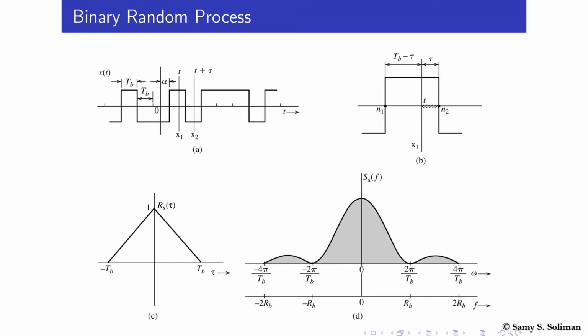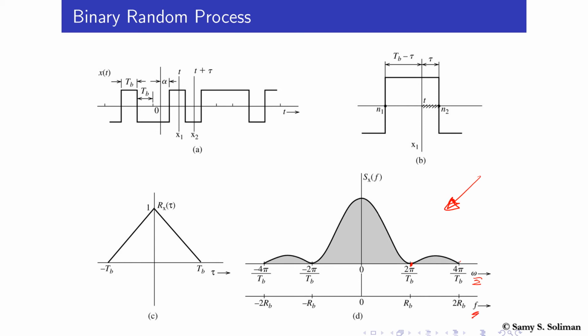If we plot the autocorrelation function side by side with the power spectral density, we have the sinc squared representation of the power spectral density, where when plotted versus omega in radians per second, we have the first zero crossing at 2 pi over TB, the second at double this value, 4 pi over TB, and so on.